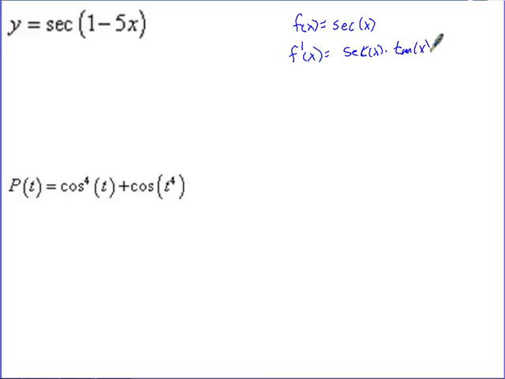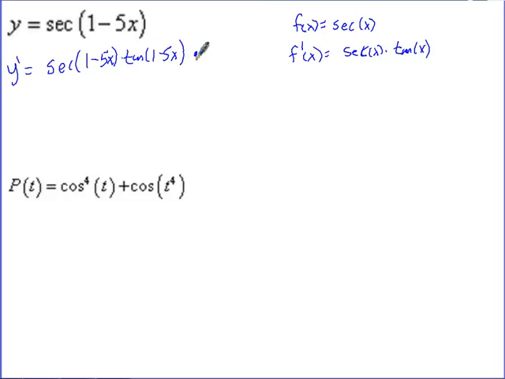So this one's interesting because I get technically two more functions pop up, right? So the derivative of this is going to be what? What do you think? Secant of 1 minus 5x times tangent of 1 minus 5x. And that's just the derivative of the outside.